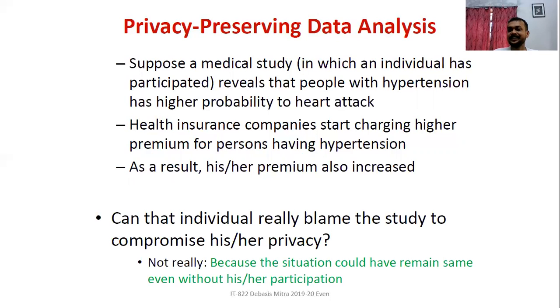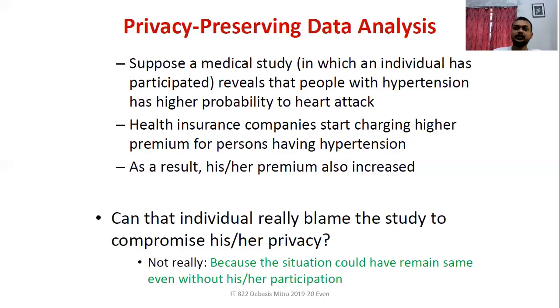The idea is that even if that particular individual was not participating in that study, the result would have been the same. With 1,000 users, whatever result was interpreted, without the participation of that particular individual, the result would have been the same.